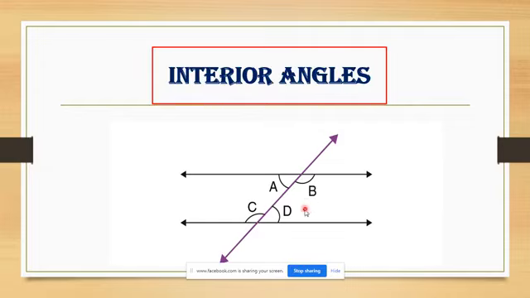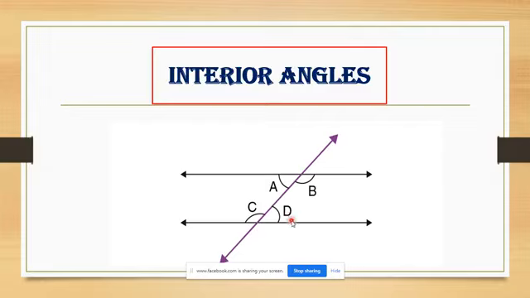Angle B and angle D are supplementary angles, and you might remember what supplementary means. If the sum of the measurement of the given two angles is 180 degrees, they are known as supplementary angles, and here angle B and angle D are supplementary.